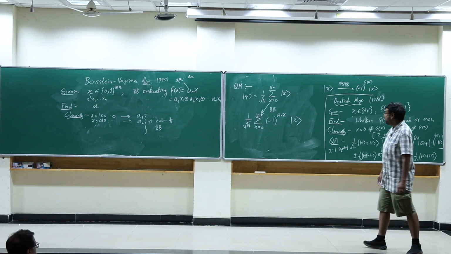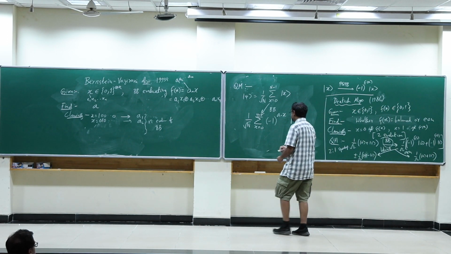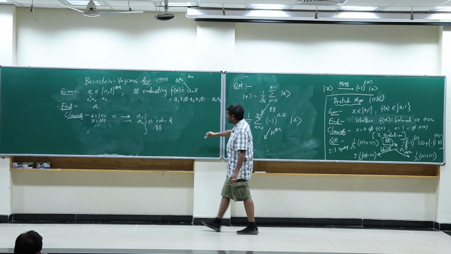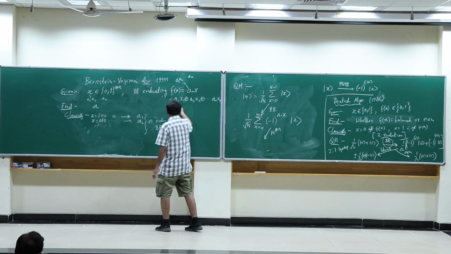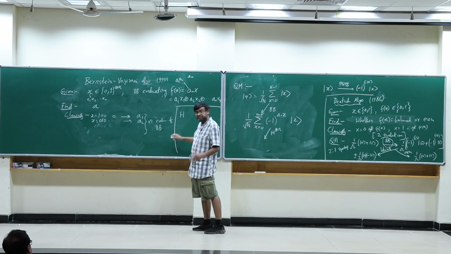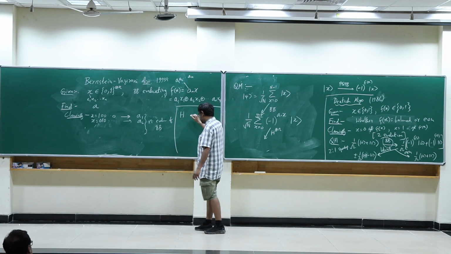Now what you do is this Hadamard transform, h to the power n. I will give you a home task, it's very easy to do. If you do Hadamard on each qubit, let me write this.